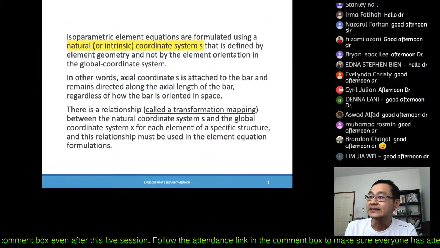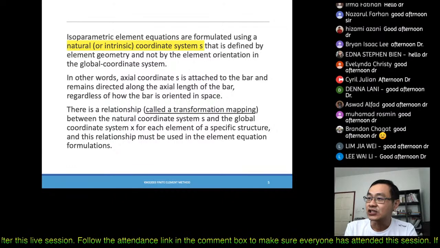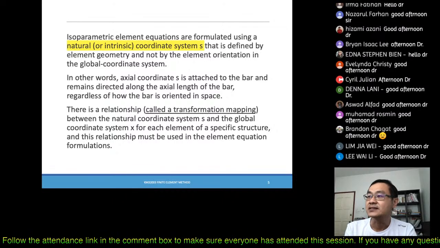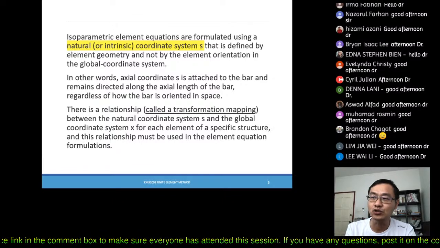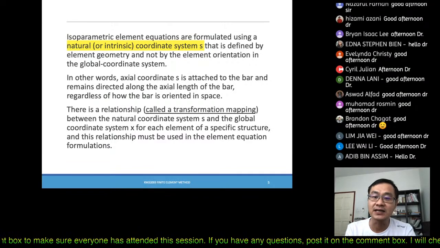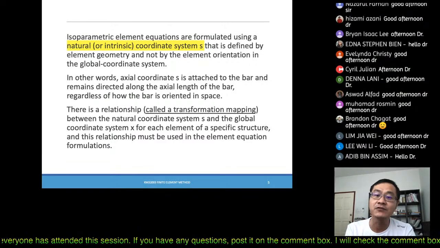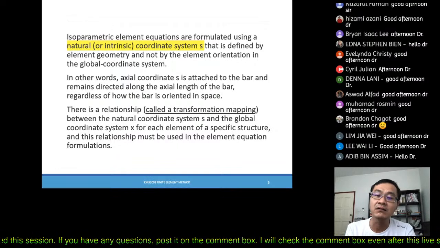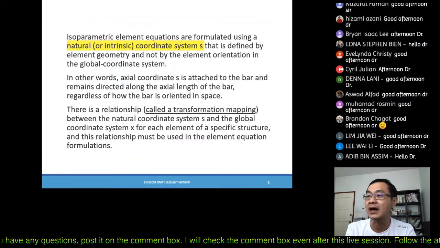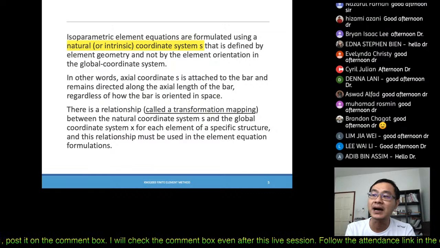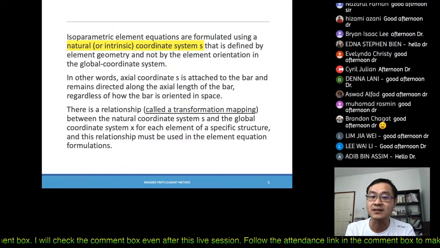So this natural coordinate system S itself is attached to the bar itself, if it is a prismatic bar, and it will remain along the axial length of the bar, regardless of how the bar is oriented in space.